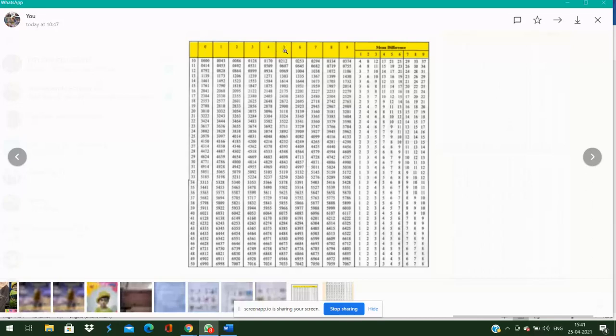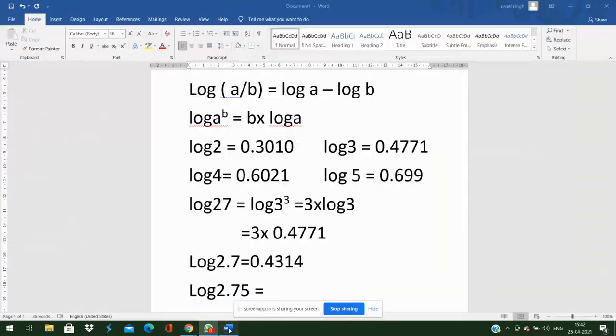The third digit will be taken from this horizontal line, 5. Now move towards 27. This is 27 and here 5. So it has been given 4393. It will be 0.4393. It's very easy to understand.